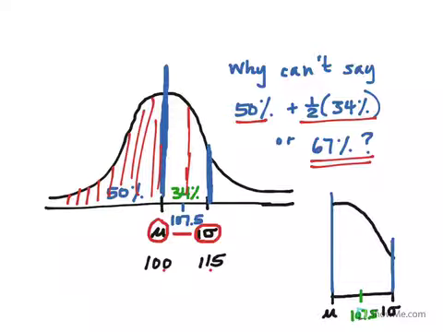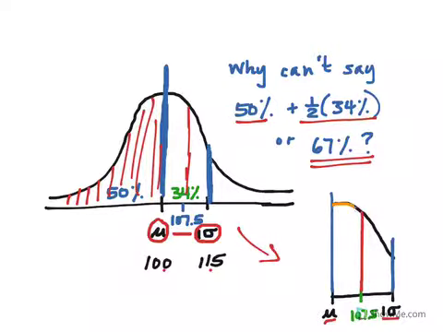Well, the answer is I need to use a z-score, and the reason why is because we're talking about area under the curve. So let's look at this little cutout here. Between the mu and one standard deviation here, I see my halfway mark. Well, let's compare the area at the halfway. If I split this in half, notice I have very different areas here.